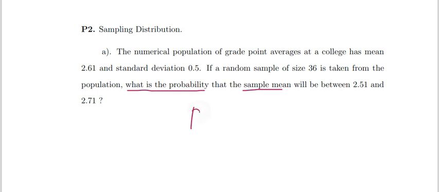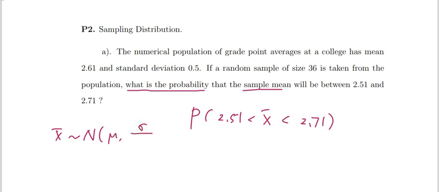We want to find the probability that x bar will be between 2.51 and 2.71. In order to find this probability, we need to know the distribution of x bar, right? x bar follows a normal distribution. Mean, I just use this formula. So we just check it here. What is mu?